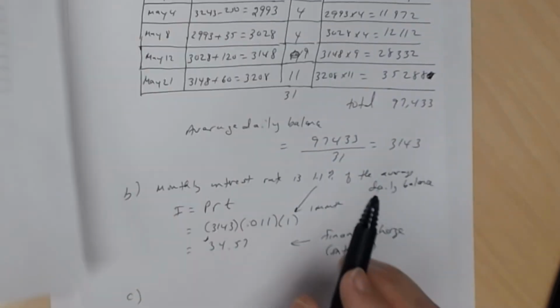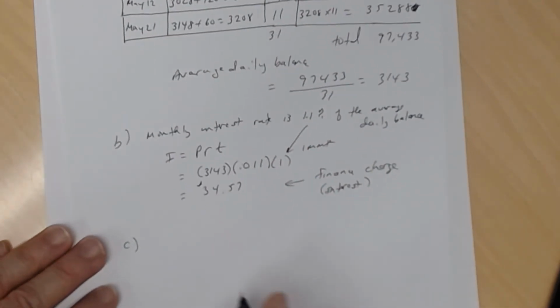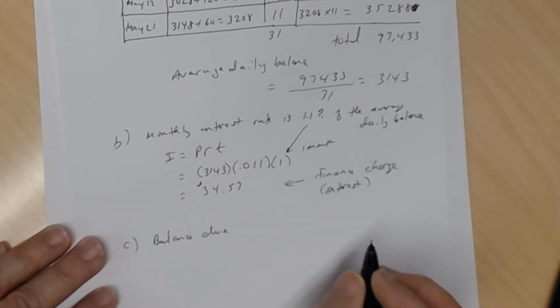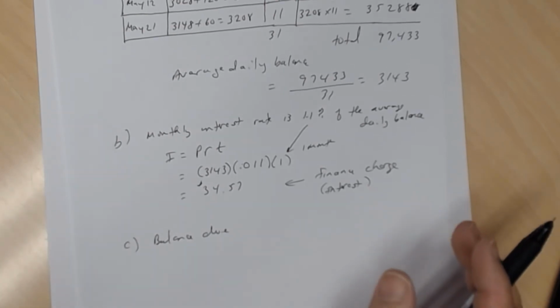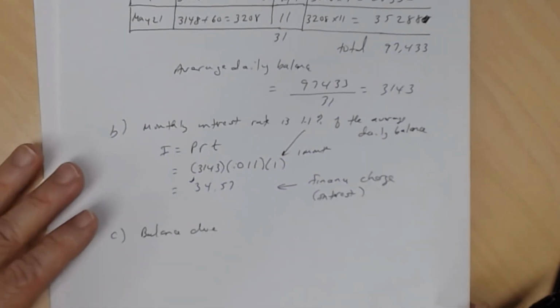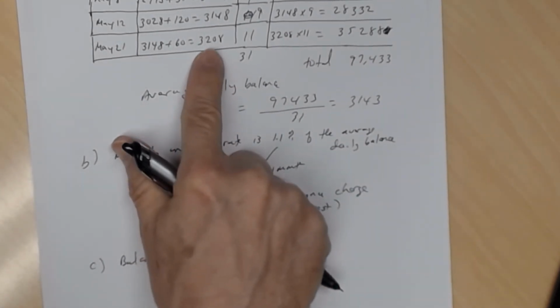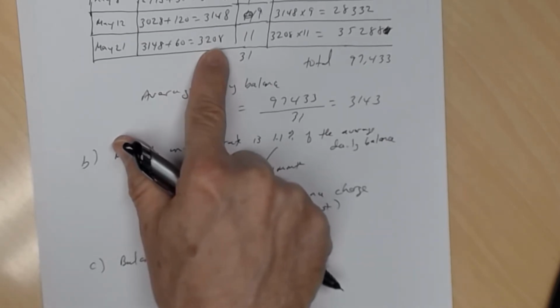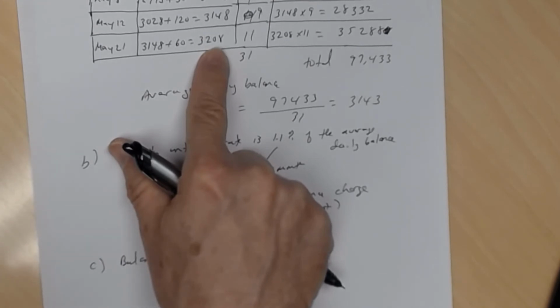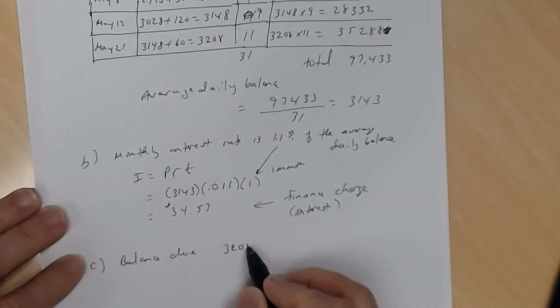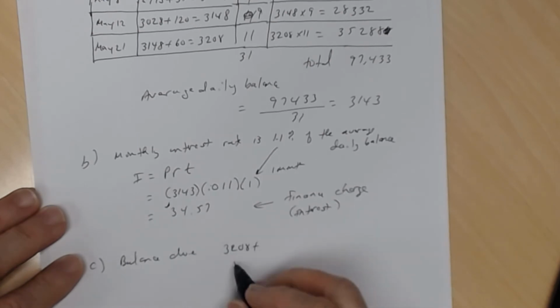So the balance due will be the previous balance, which is 3,208, plus the interest.